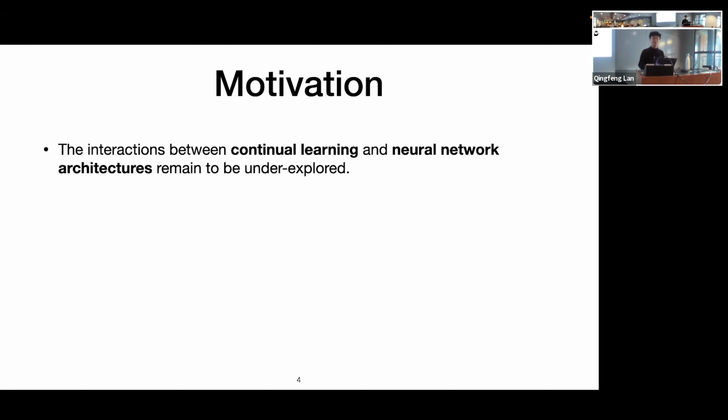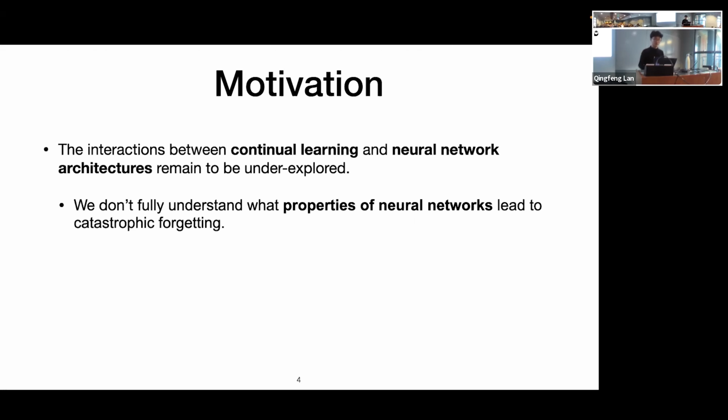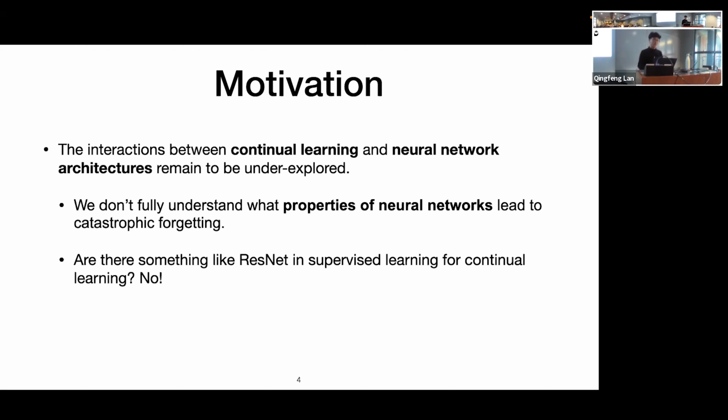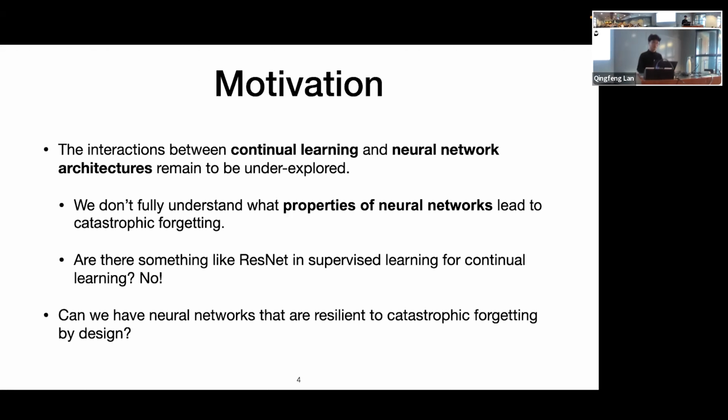That is, the interaction between continual learning and neural network architectures remains underexplored. We don't fully understand what properties of neural networks lead to catastrophic forgetting. And is there something like ResNet in supervised learning for continual learning? As far as I know, the answer is definitely not. So we have this question: can we have neural networks that are resilient to catastrophic forgetting by design?